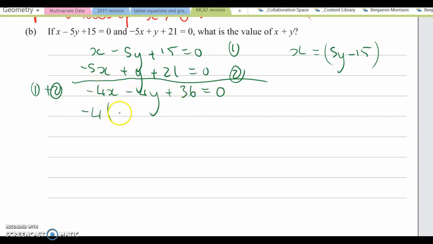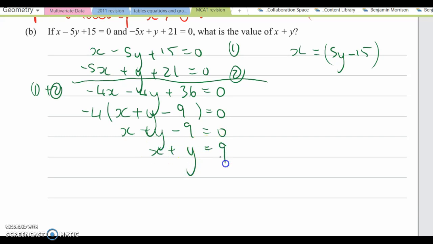I'm going to take it out, negative 4. So negative 4 times x, negative 4 times y, and negative 4 times negative 9 gives me positive 36. Then if I divide that through, I'm going to have x plus y minus 9 equals 0. So as we can see, x plus y equals 9. So that actually is a really nifty way of doing it.